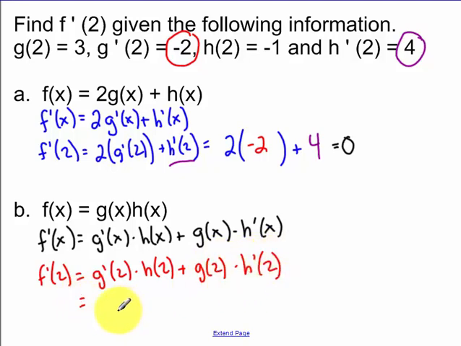Okay, so this equals g prime of 2 is negative 2. H of 2 was a negative 1. G of 2 was 3. H prime of 2 was a 4. So we get a 2 plus a 12, which is 14.